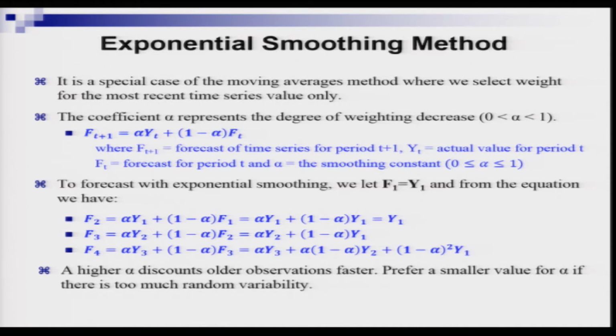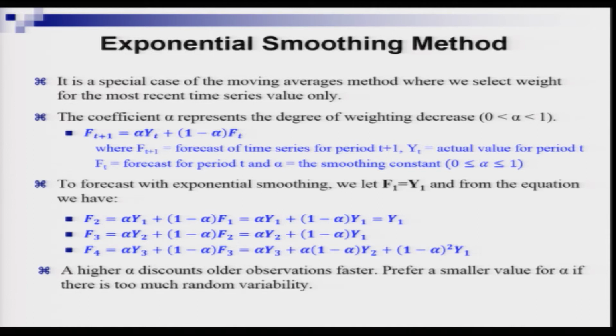Here alpha is the smoothing factor, the weight, or the coefficient of degree of weighting decrease, whatever you want to call it. That alpha value is multiplied with y_t, and then 1 minus alpha is applied to the value f_t, which is the forecast for time period t.